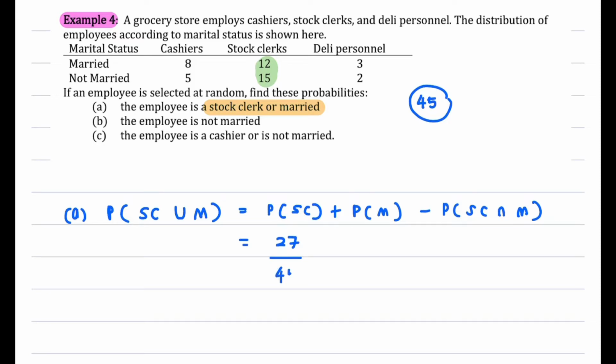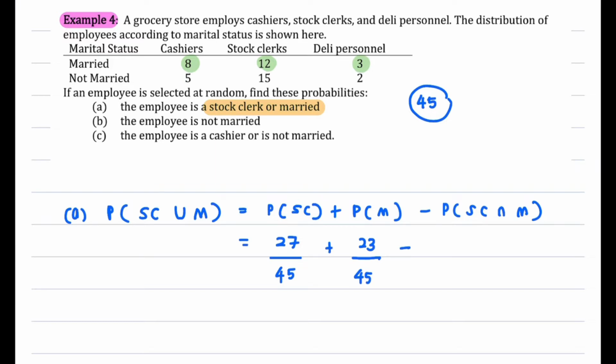So just divide by 45, and then plus the probability of married. How many married persons? You have 8 plus 12 plus 3, so total is 23 divided by 45, minus how many stock clerk and married.